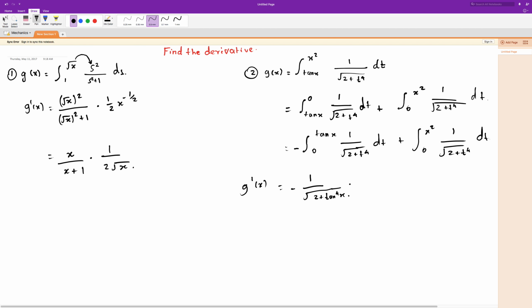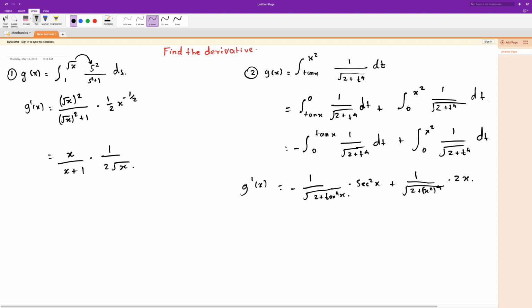The derivative of tan x is sec squared x. Then we have to write this one right here. So this is going to be 1 over square root of 2 plus x squared to the power 4, and the derivative of x squared is going to be 2x.